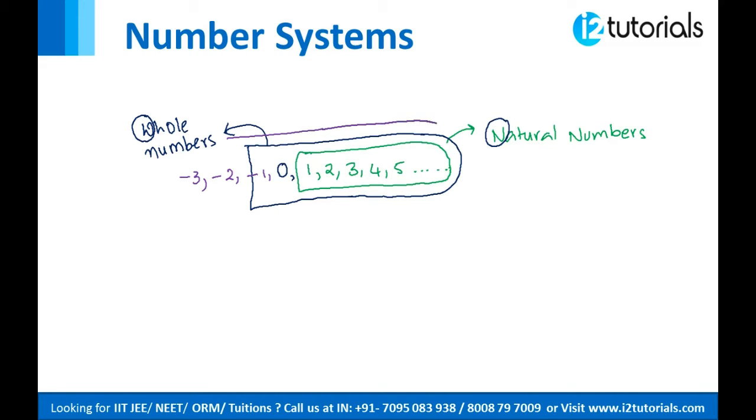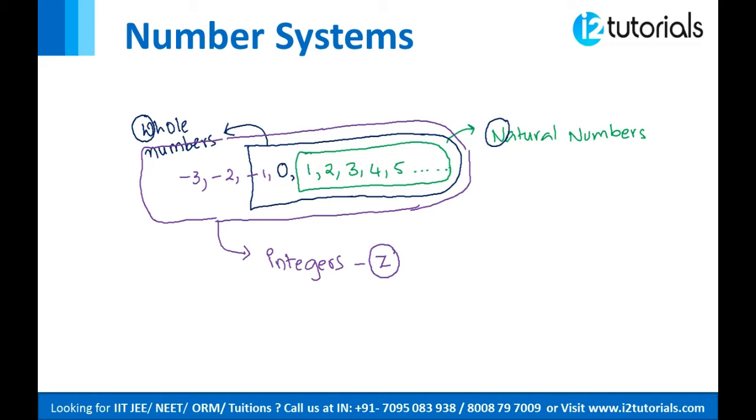You can put all these numbers together under one particular name. They are called integers. So the collection of integers is represented with Z.